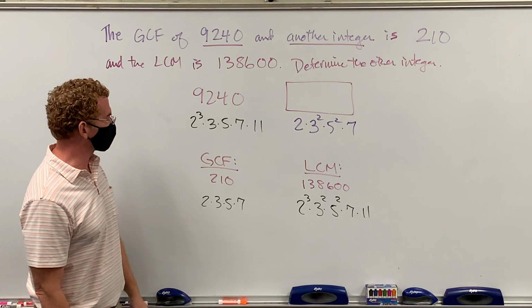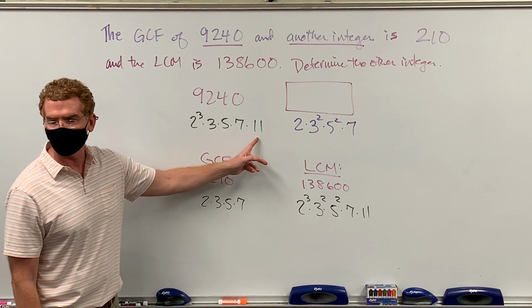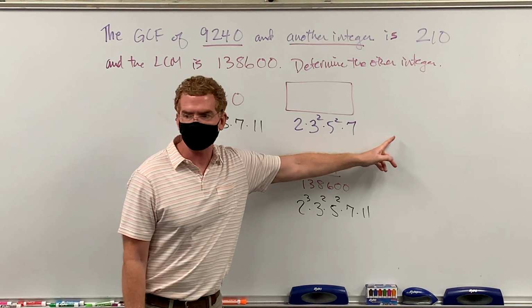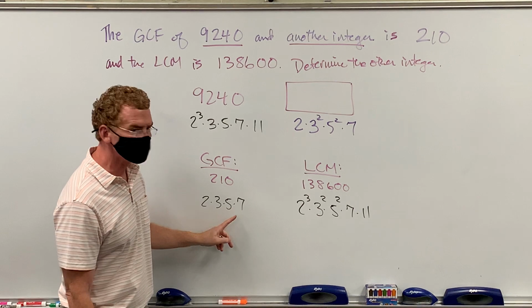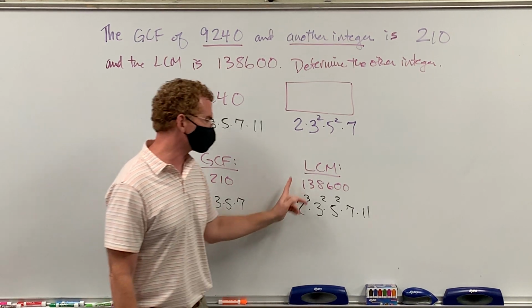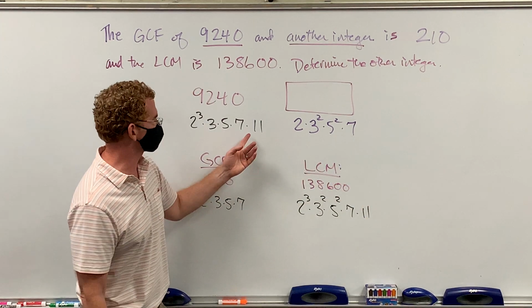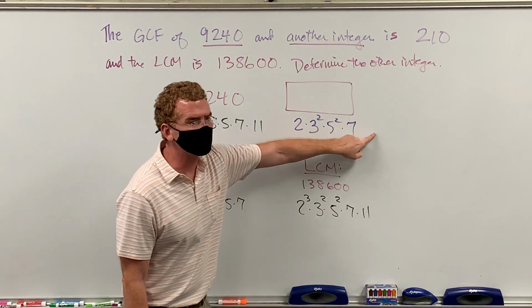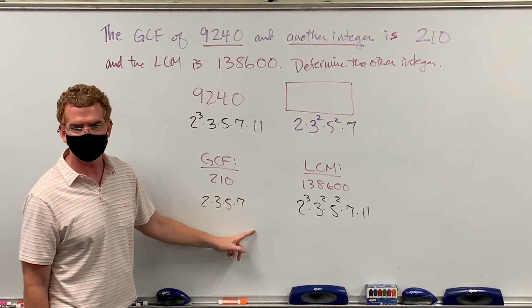So I look back up here and I go, well, are there any numbers I haven't talked about? I haven't talked about that 11, so I know this thing doesn't have an 11, right? And if it doesn't have an 11, that would make sense here, because they don't have it in common. But this says that the most number of 11s was 1. So that makes sense that if this one had 1, this would have none, because if I did have an 11 over here, then it would show up on the GCF.